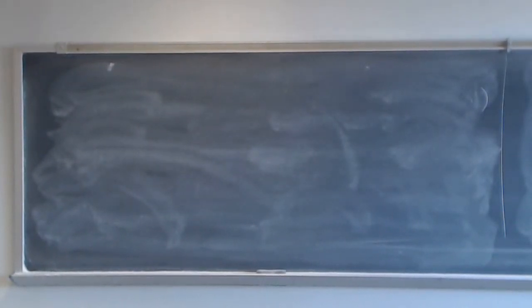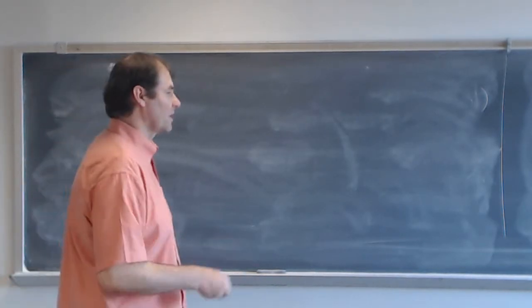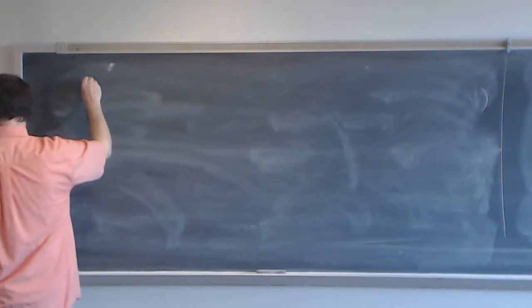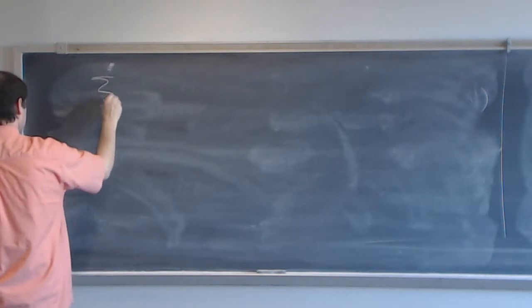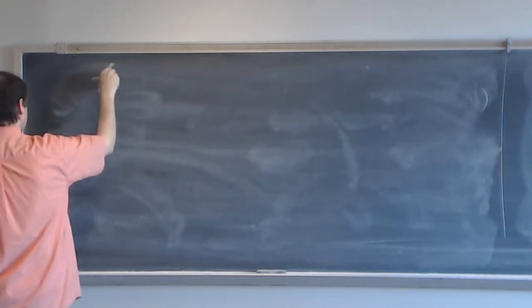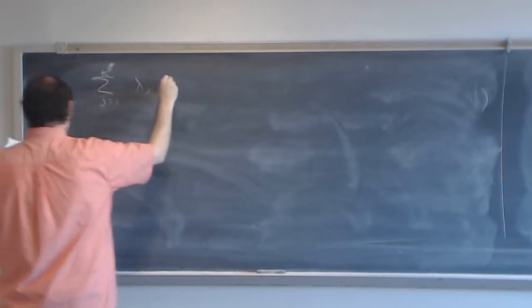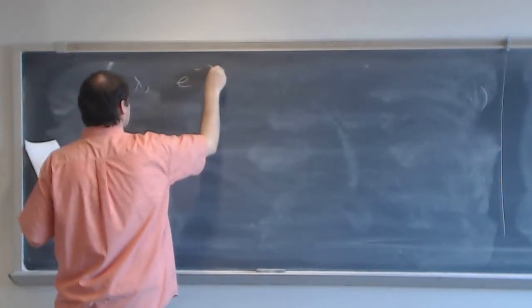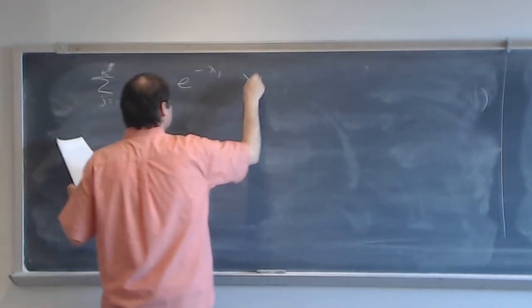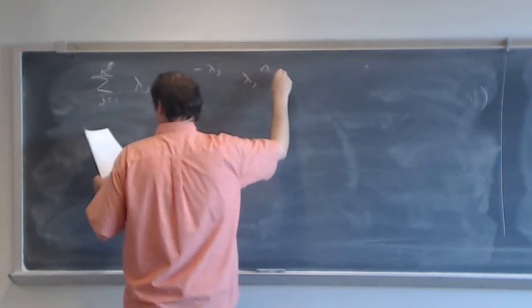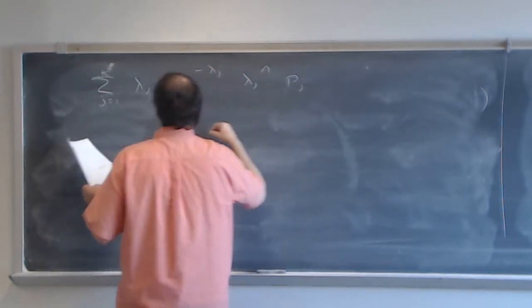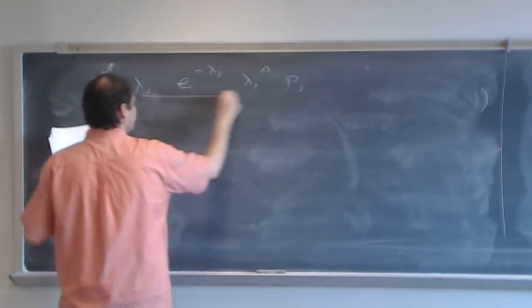All right. With that having been done, we can pull out the 1 over n factorial. So we get two sums here. The sum as j runs from 1 to k, lambda sub j, e to the minus lambda sub j to the n, p sub j, over n factorial.